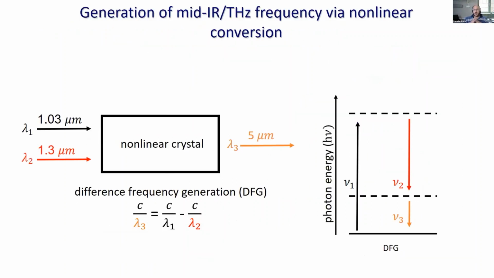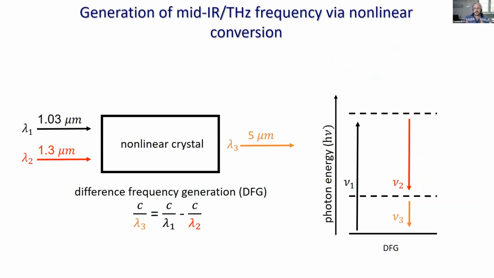So what is the standard mechanism to generate mid-infrared radiation? Of course, it's second order nonlinearity. It's the easiest accessible order of nonlinearity that you can use. And basically, the fundamental mechanism is difference frequency generation, that we have already seen this morning, thanks to the talk in particular of Rossio.